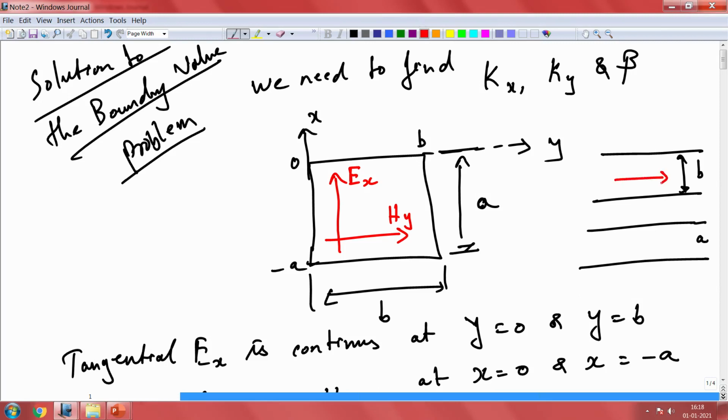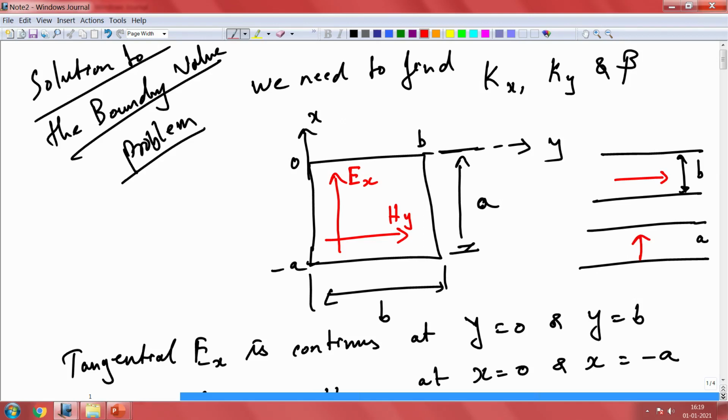So, it will be a TE mode with a slab thickness of B. Similarly, for the other case, the thickness is A, and what you will have is a TM wave, a TM mode in a slab of thickness A. So, there are two different ways of looking at it.